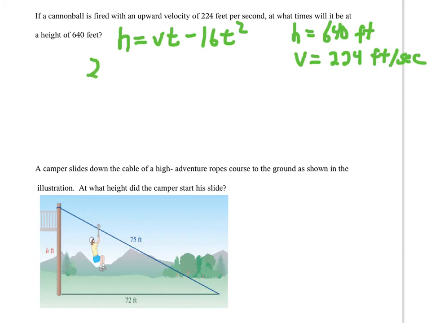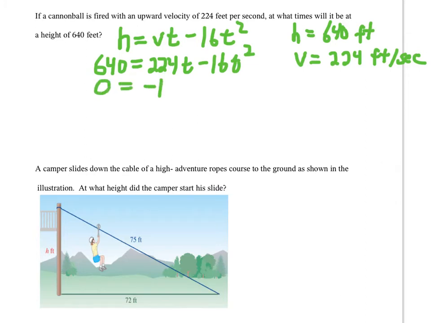So 640 equals 224t minus 16t squared. So I'm going to need to get the 640 to the side, so I have 0 equals negative 16t squared plus 224t. Now I didn't show that, but I subtracted 640 from both sides.